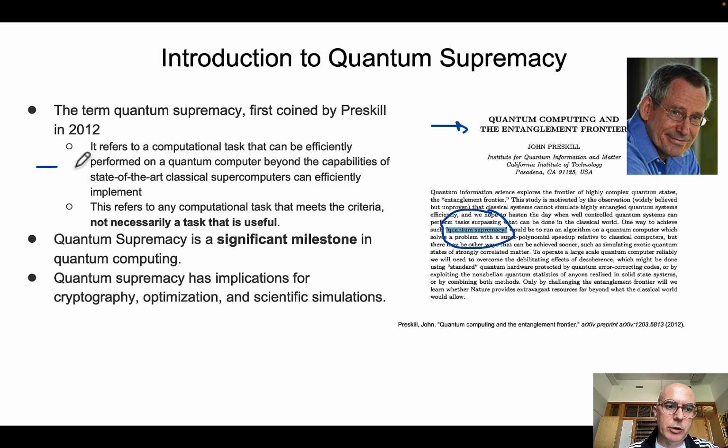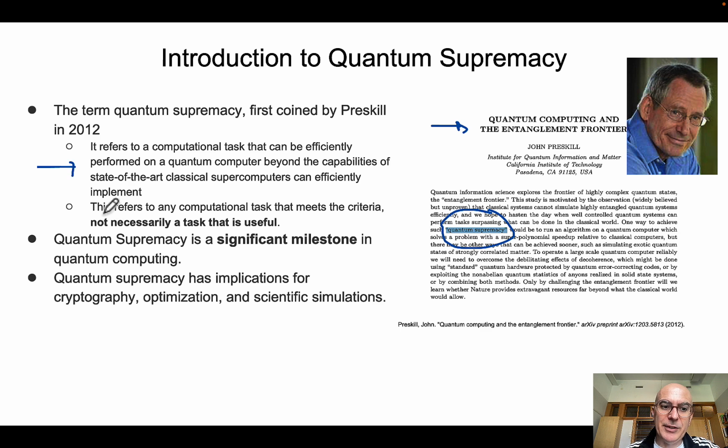Well, quantum supremacy refers to a computational task that can be efficiently performed on a quantum computer beyond what state-of-the-art classical supercomputers can efficiently implement. So it's a computational task that cannot be efficiently computed by classical supercomputers.